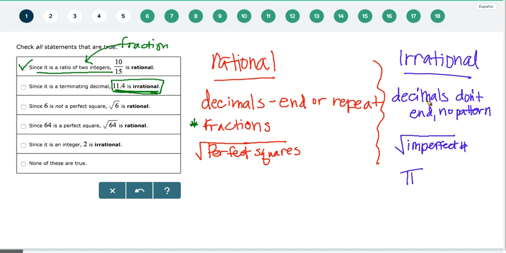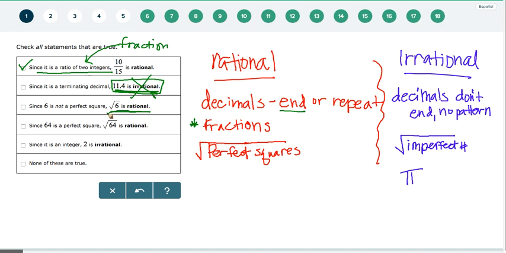Irrational means a decimal that doesn't end and that has no pattern. Okay, this decimal ends. So this is not an option. 11.4 is rational. A rational number has a decimal that ends. This is incorrect.